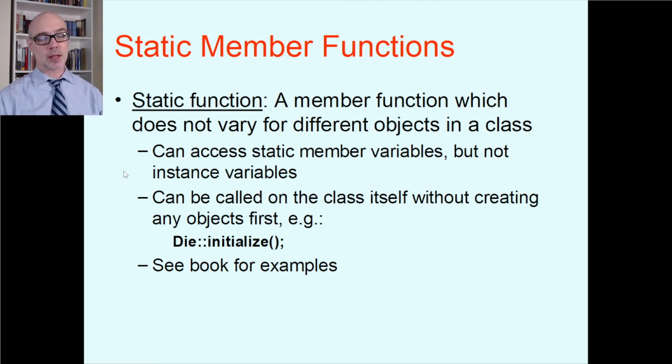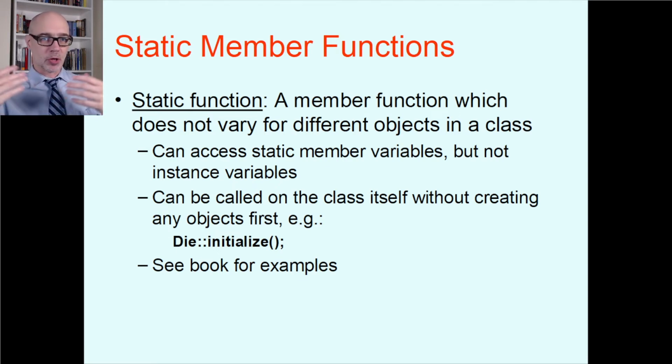So if you make a function static, now you cannot access instance variables. You can access static member variables because there's only one for the class, and there's no mystery, there's no ambiguity to which version of that variable you want. But since you can't access the instance variables, or I should say it doesn't make sense to access the instance variables, because if there's only one version of this function and I try to access a member variable, as the compiler, I would say, well, which one do you want?